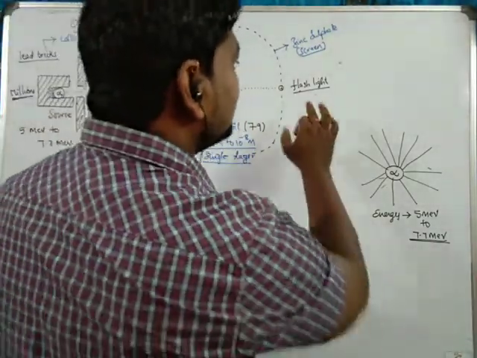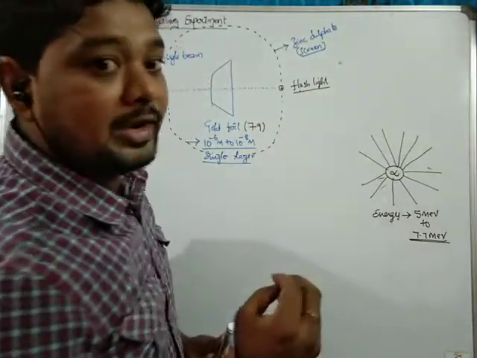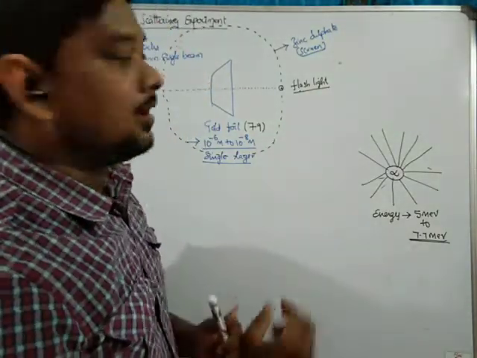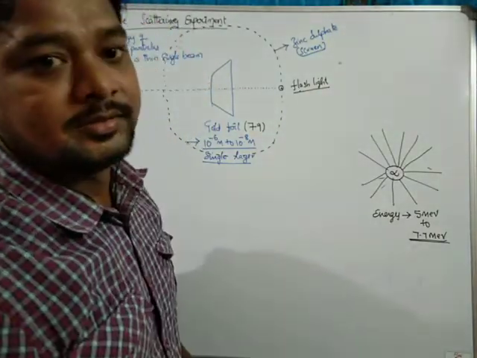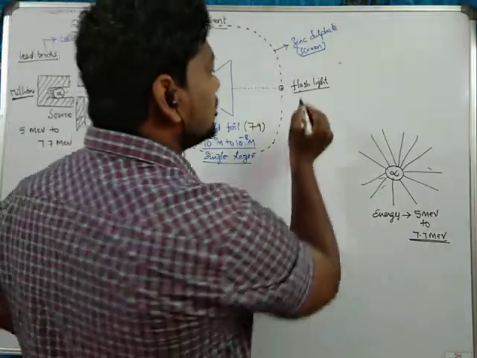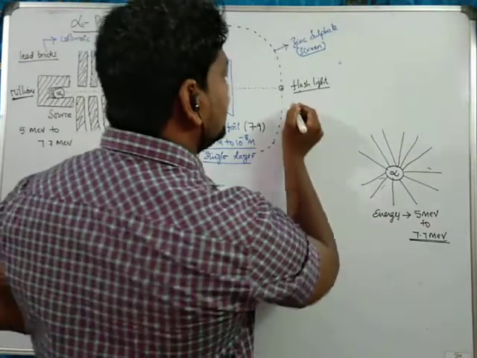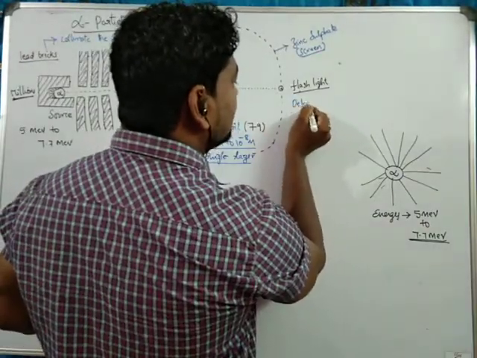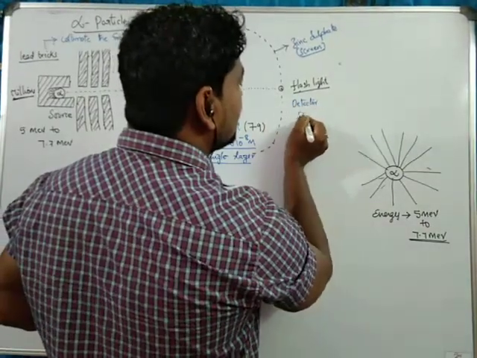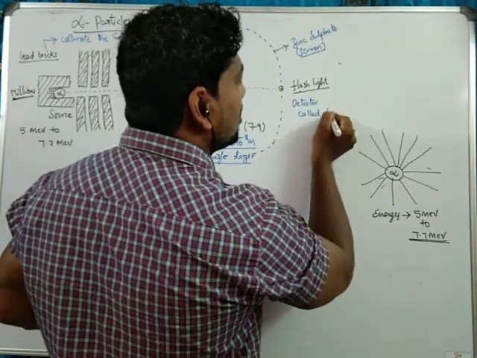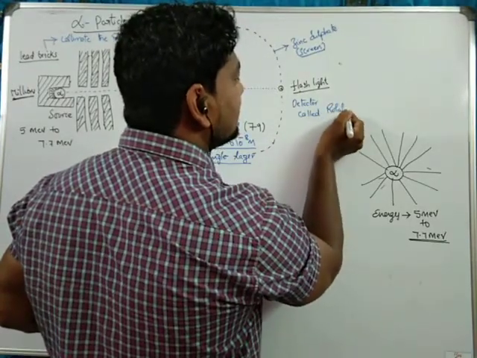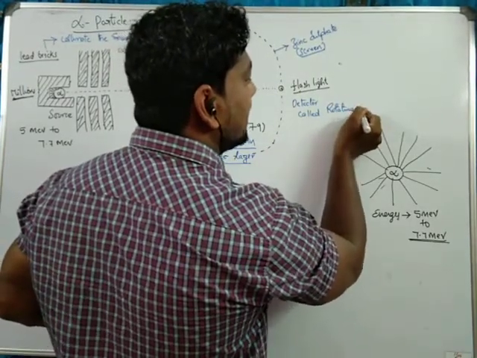But this flashlight we cannot detect with our naked eyes. So to detect these flashlights, we will use a detector called a rotating microscope.